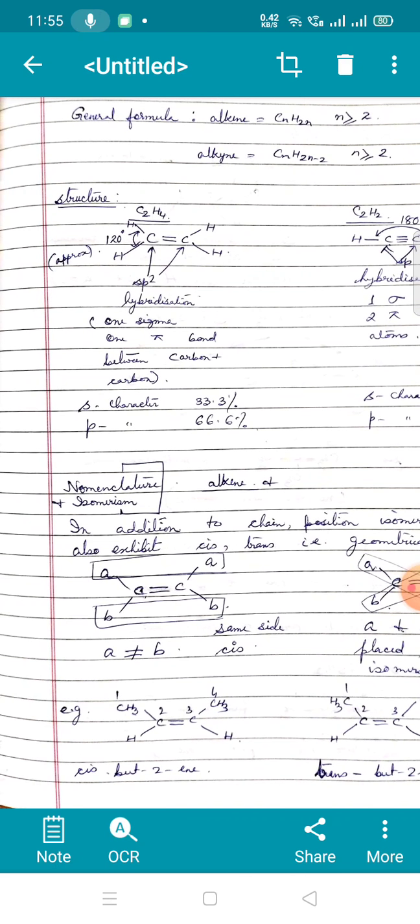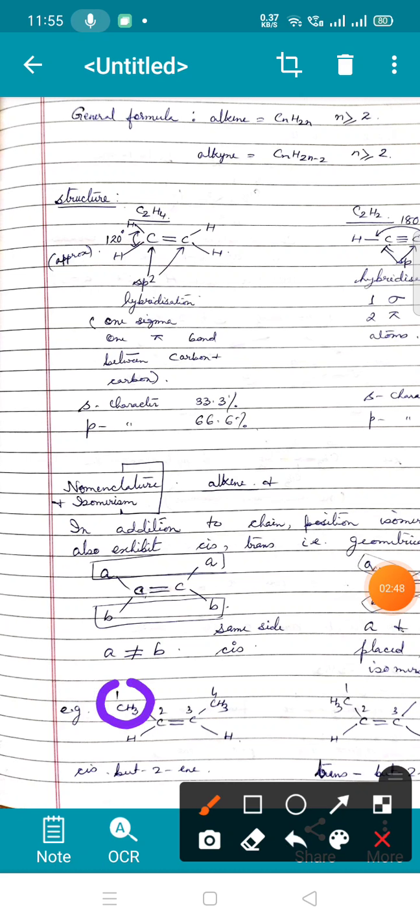For example, you can see here I have taken an alkene with 4 carbons, and the double bond is between carbon 2 and carbon 3. So the name of this particular compound is but-2-ene. You see the groups attached to this carbon 2 are different, CH3 and H, here also CH3 and H. So A group and B group, they are different groups.